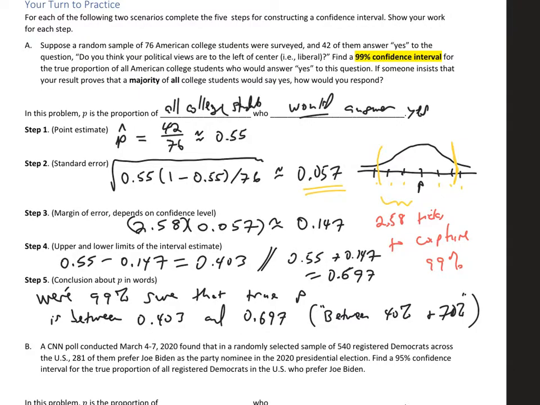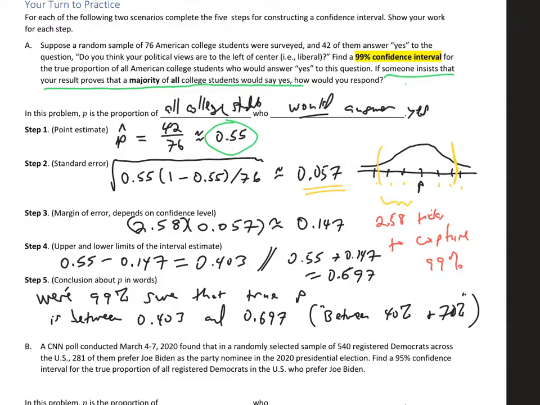As a follow-up question, it asks here, if someone insists that our results prove the majority of all college students would say yes, well, it doesn't. Our point estimate looks like it says 55%, and it does. And so you could say, well, that means the majority of all college students would answer yes, but that's not true.